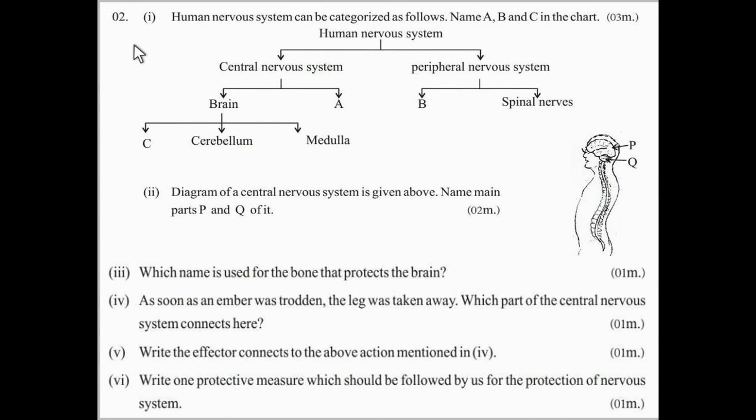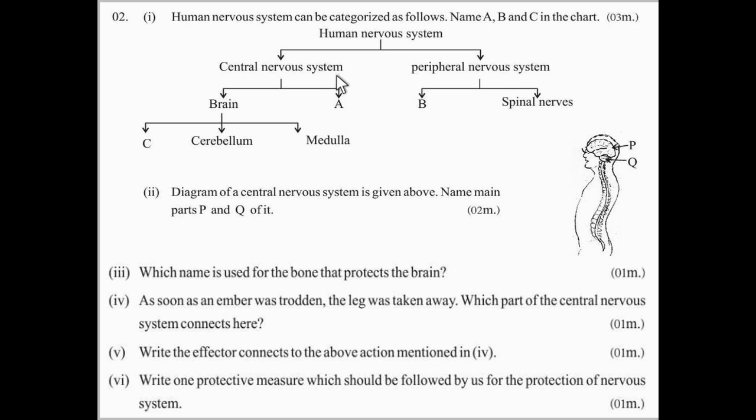Question number 2. Human nervous system can be categorized as follows. Name A, B and C in the chart. There are two parts of the human nervous system. First one, central nervous system. Second one, peripheral nervous system.